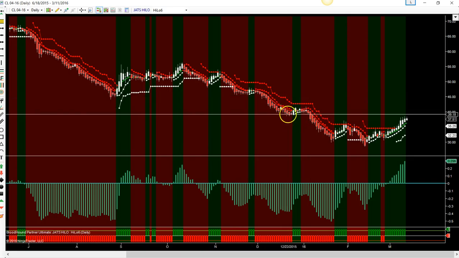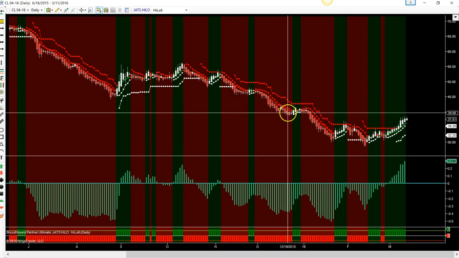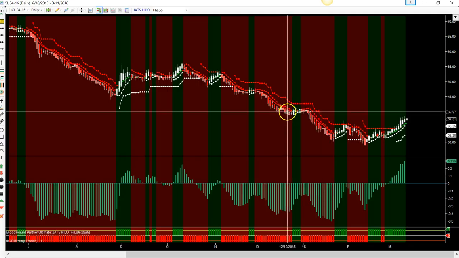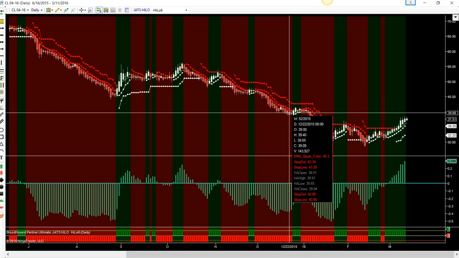So this pivot low right here, if you highlight that candle, you can see the low is 38.65.